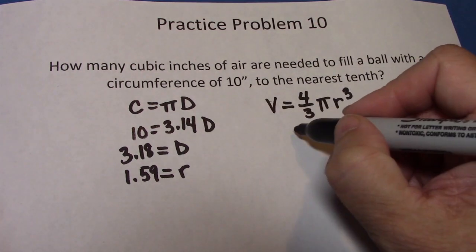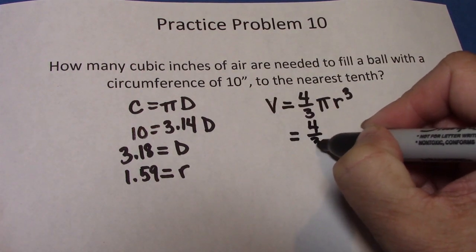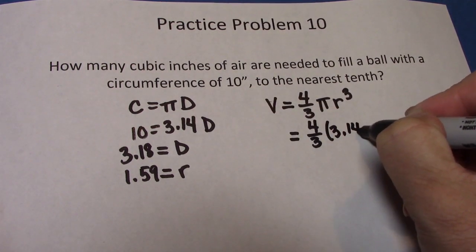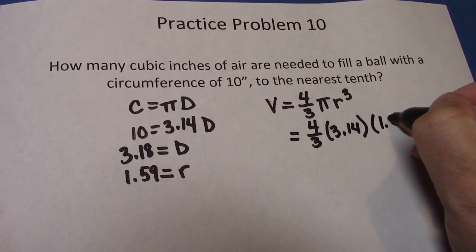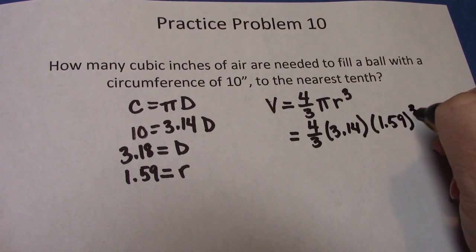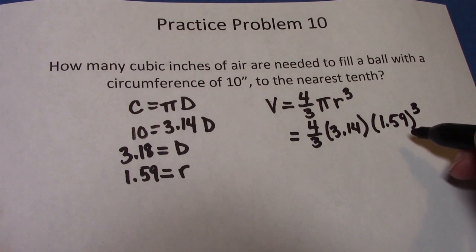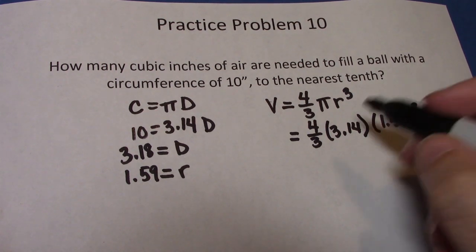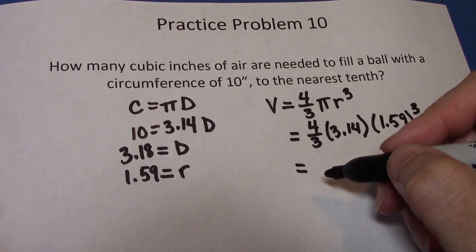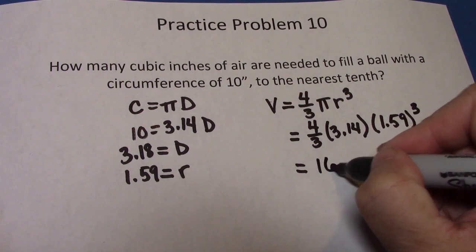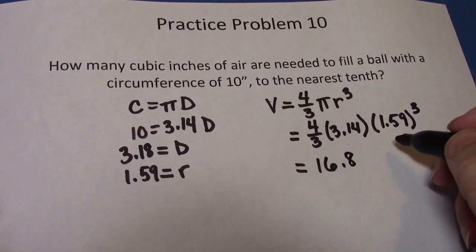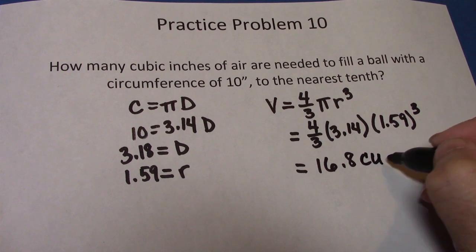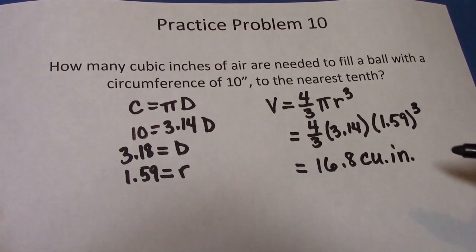Okay, now we can come over to this formula. 4/3 pi, that's 3.14, and it's the radius cubed, which is going to be 1.59 times 1.59 times 1.59. Doing all that, we're going to get 16.8 cubic, because it's three-dimensional, and inches, because that's the unit of measure we were given.